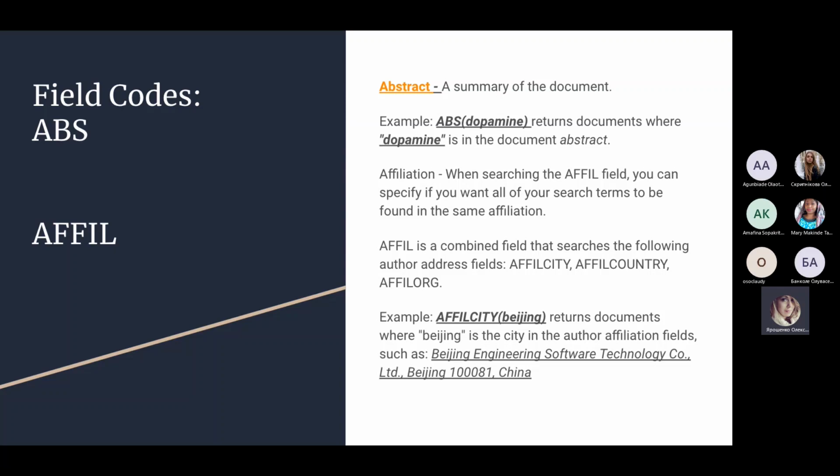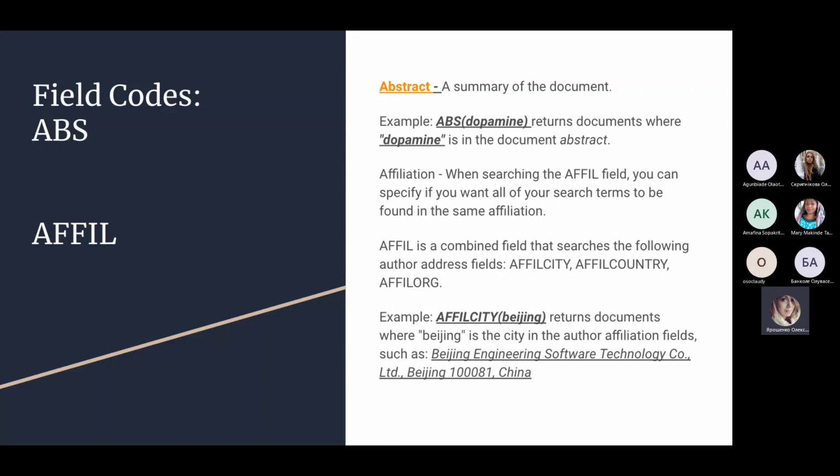Or to search for dopamine from all the scholars from Nigeria, we will use affiliation country Nigeria and ABS dopamine, searching for dopamine in abstracts from all scholars from Nigeria.